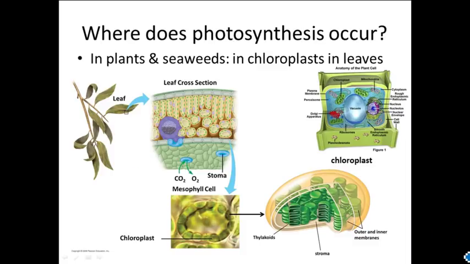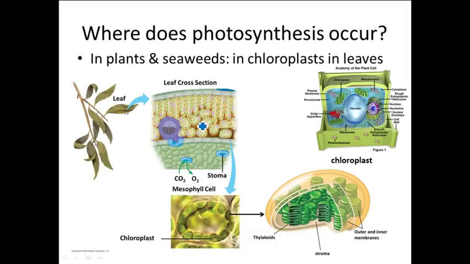Okay? If you take a cross-section of a leaf, you'll see that it has these outer layers. This is called the epidermis, and on the outside of that it has this thin waxy layer called the cuticle. Okay, that helps prevent water loss from the cells. And then in the interior of the leaf we have all of these photosynthetic cells.